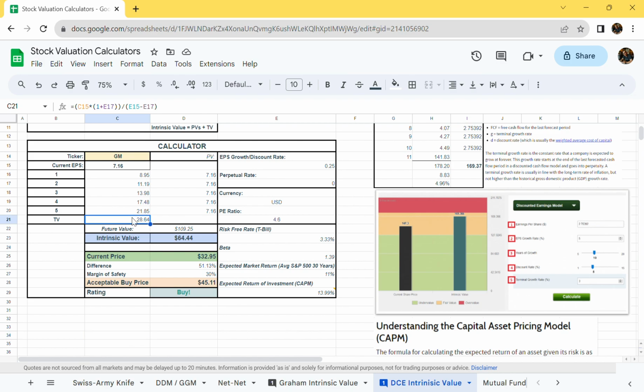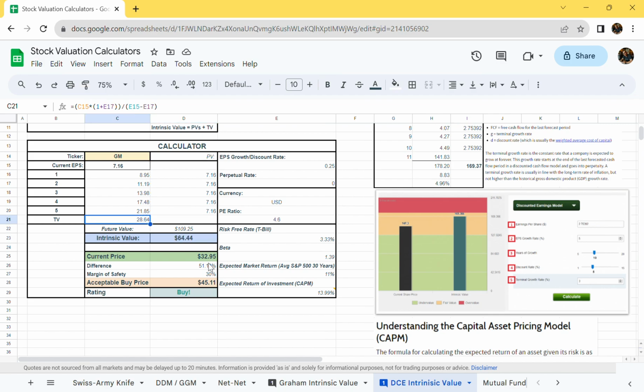So 2864 in earnings, supposedly at a perpetual growth rate of 0, then this would be our intrinsic value, because again we take the present values of all of the earnings of the next 5 years plus the terminal value.